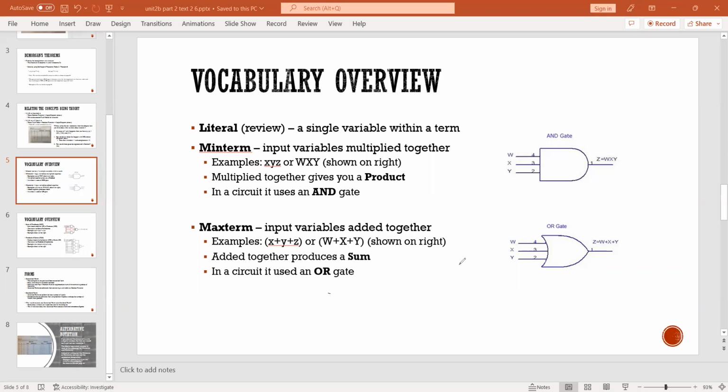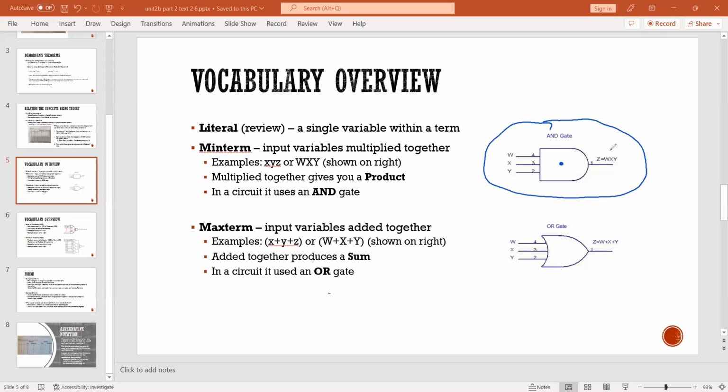So the next term is min term. Min term, if we read this, it says input variables multiplied together. So if you think about this as a gate, as shown over on the right-hand side of your screen, when you use an AND gate, this is W, X, and Y, the output, this is going to be multiplication, right?